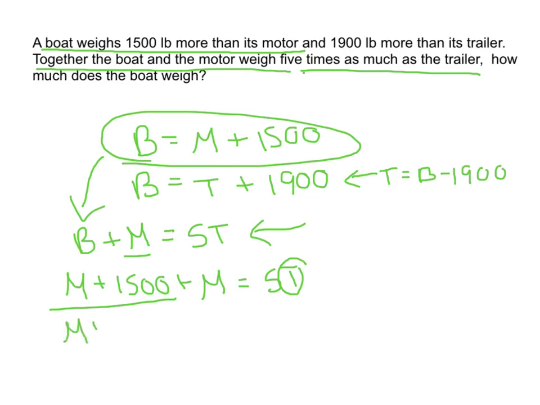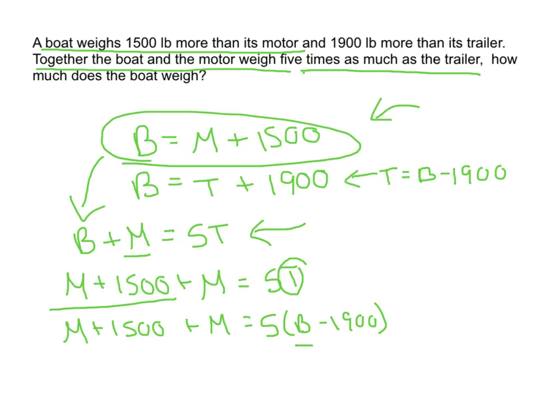But if I do that, I'm still going to have, again, two different variables. So 5t is equal to b minus 1900. So how can I get this b now to be in relation to m? So if I look at the first equation, then I can replace b with m plus 1500.